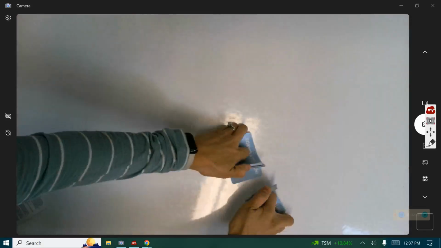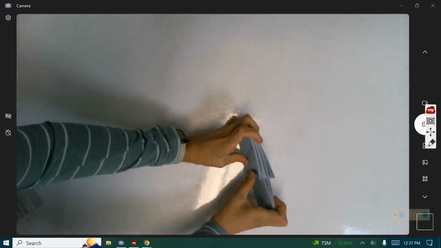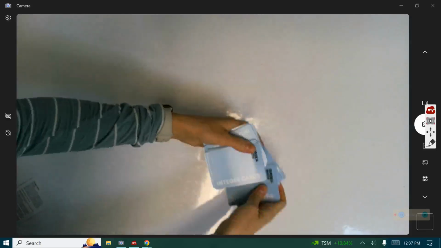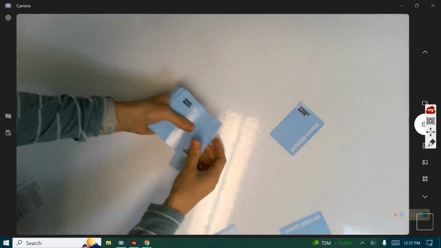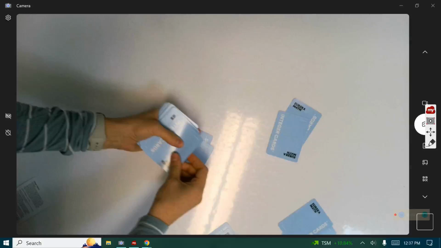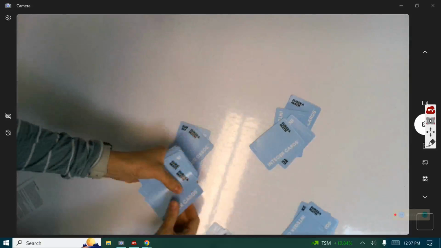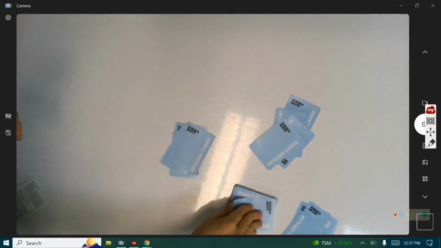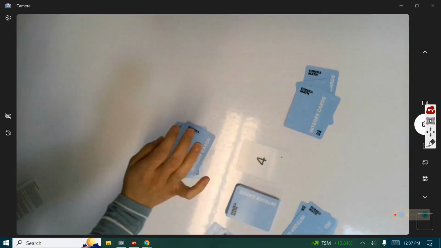We're going to shuffle and deal 4 cards to each player. And we're also going to flip the top card over to create a draw and a discard pile.